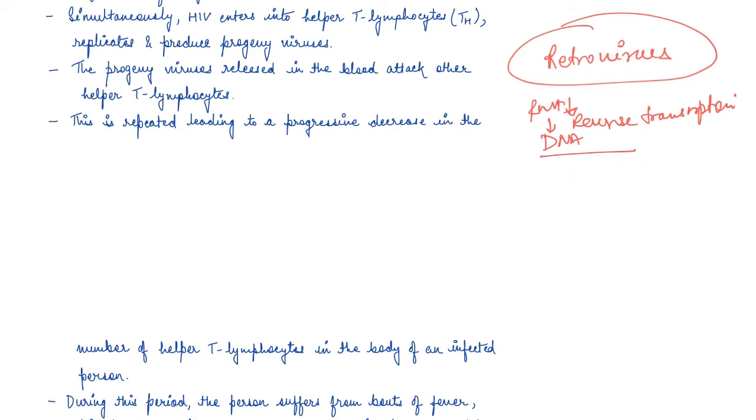Now, as they start attacking other T lymphocytes, the number of T lymphocytes is decreasing, and the disease is progressing in your body. And as it starts infecting more and more cells, your body's immune system is weakening, right?